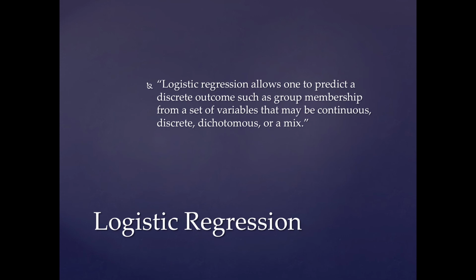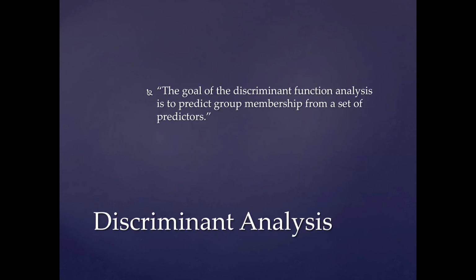We could use a discrete predictor, possibly freshman, sophomore, junior, senior. We could use a dichotomous one, male or female, or we could use some sort of interaction. We have complete flexibility on the set of variables that we're using to come up with a model that distinguishes group membership.